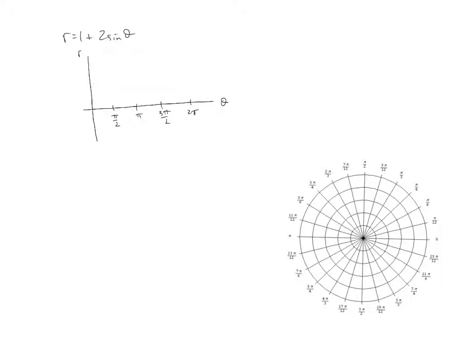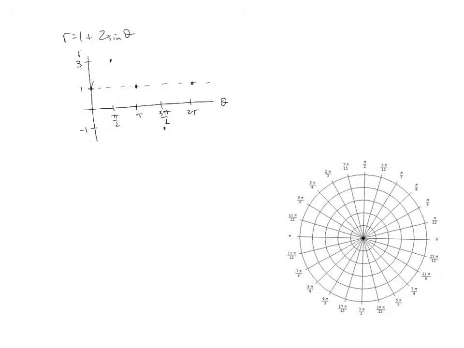Shifted up 1 unit means our midline is going to be at 1, and with an amplitude of 2 puts me at a 3 and a negative 1. So for sine, which starts out on the midline, then it goes up, this is what we're looking at.